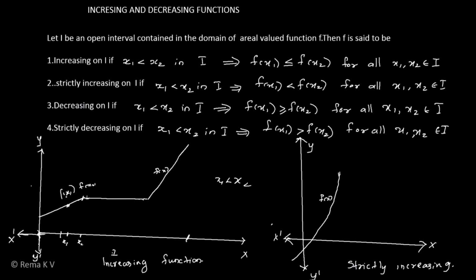That is, f of x1 lies below this f of x2. Therefore, f of x1 is less than f of x2.